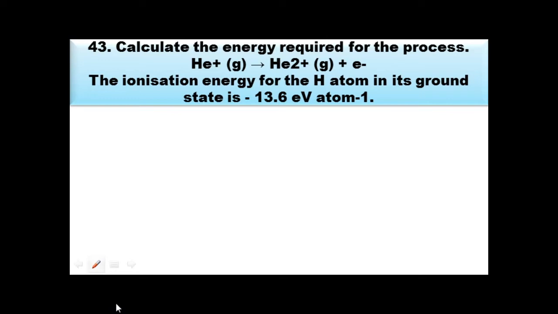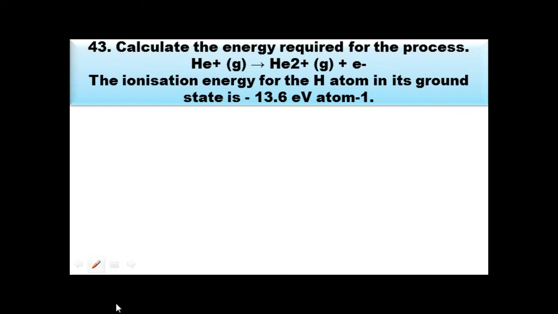So the first question: calculate the energy required for the process He+ loses one electron to become He2+. The ionization energy for the hydrogen atom in its ground state is minus 13.6 electron volt per atom.